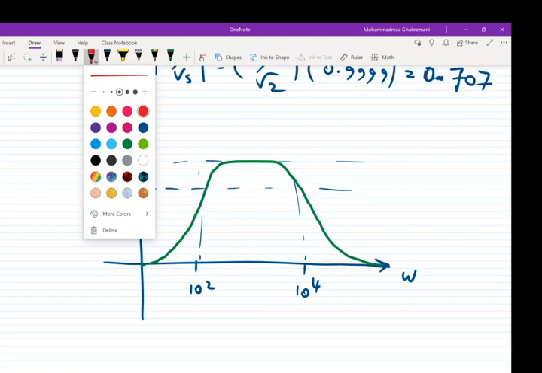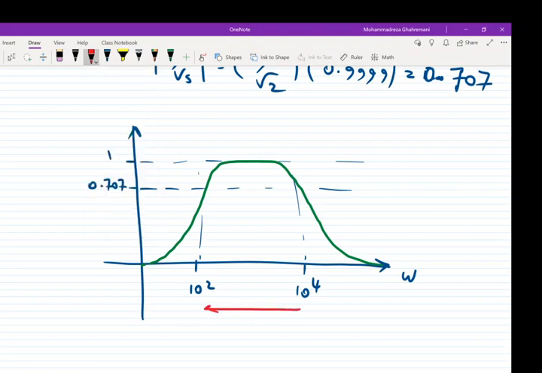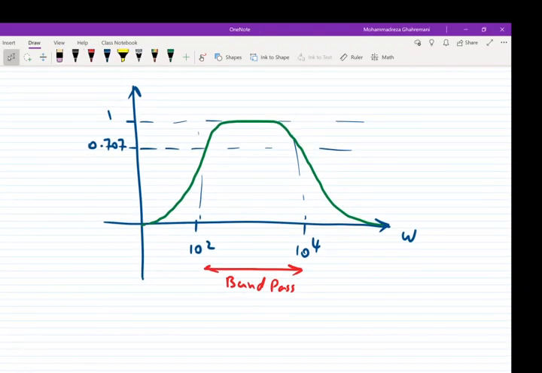So here is the bandpass filter range, and the other areas are stop band.